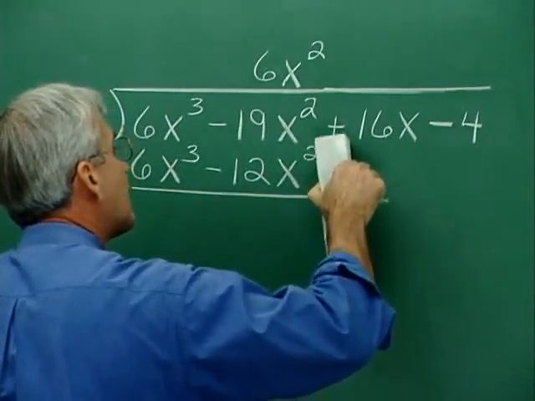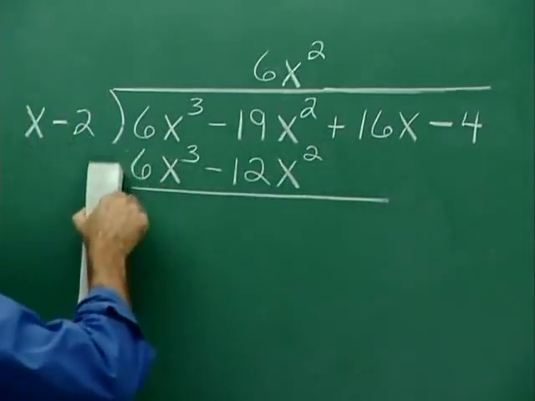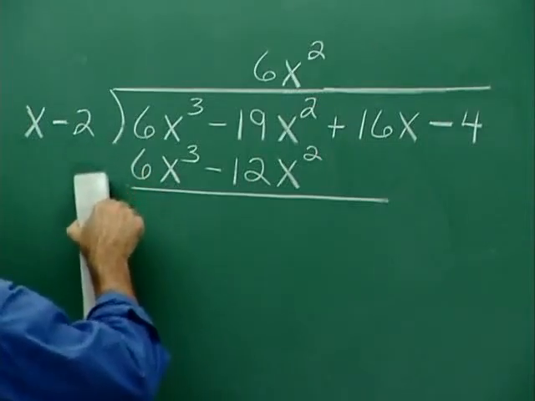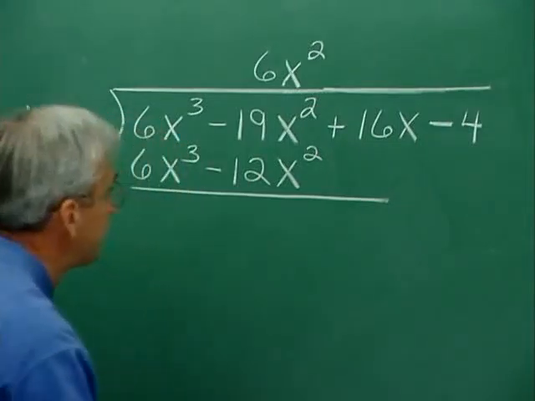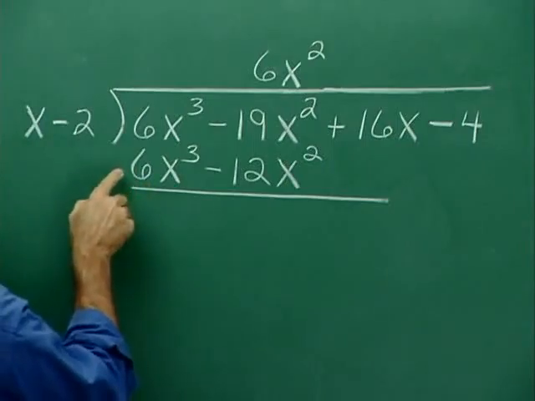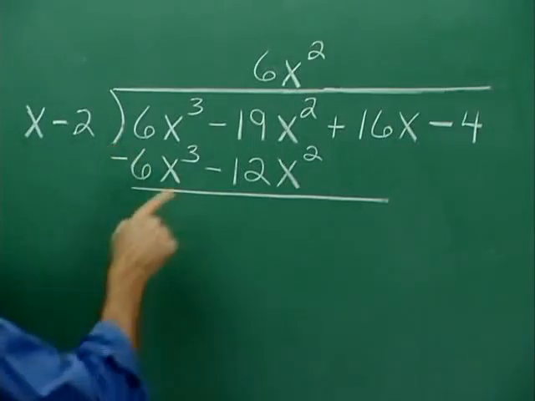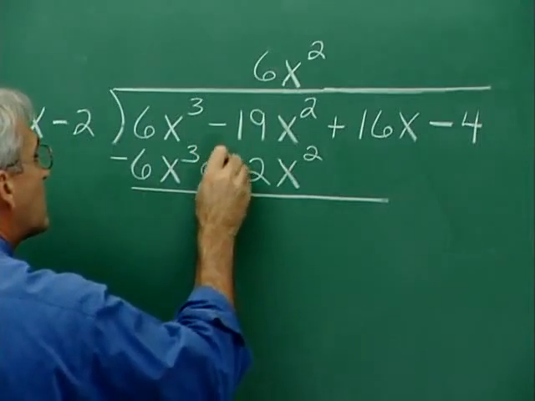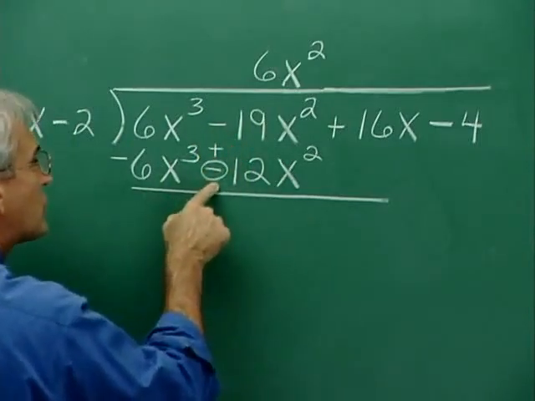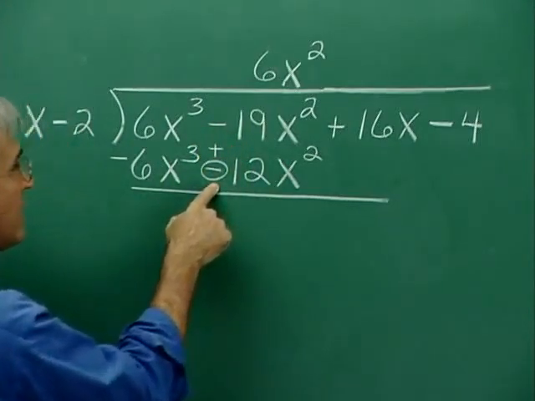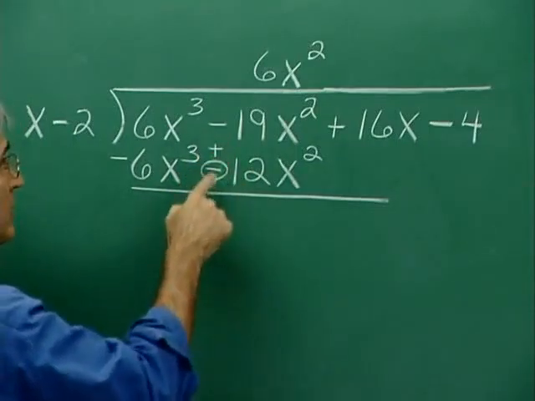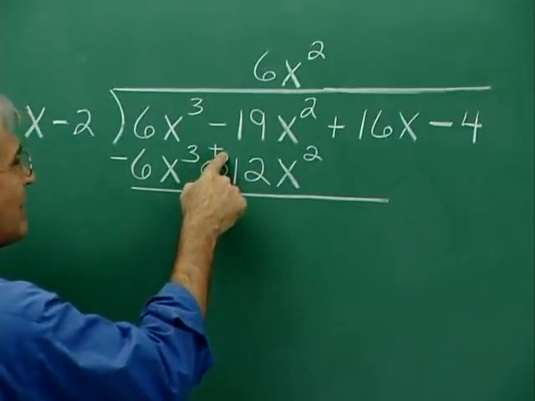This is a lot safer. I know I'm going to change those signs, so I'll say, this is an understood plus sign, I'm going to make it a minus sign. And this is a minus sign, I want to make it a plus sign. Notice I put a circle around the existing sign, and then I put the changed sign above that circle.